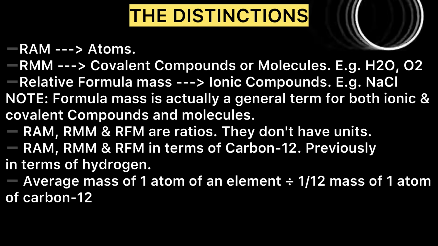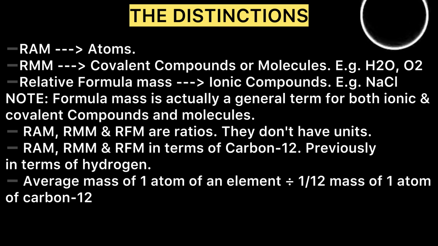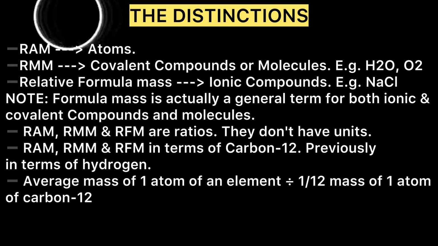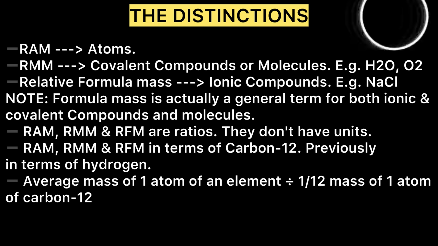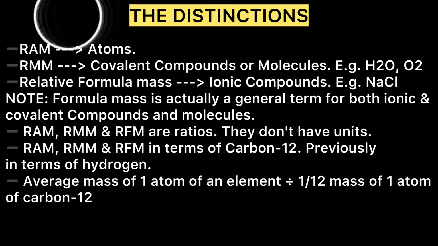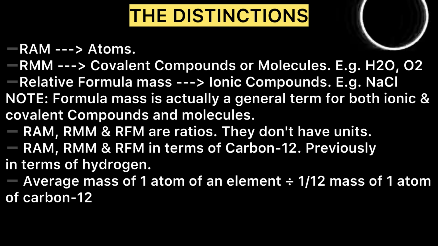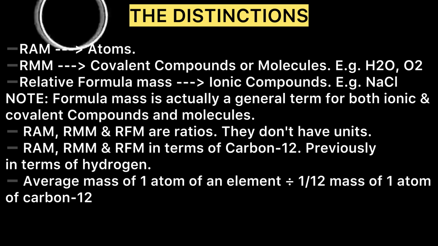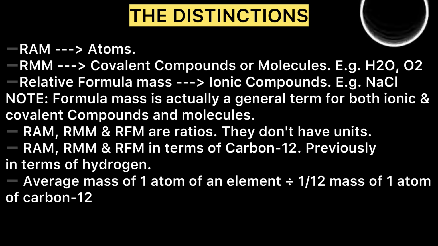Relative atomic mass, relative molecular mass, and relative formular mass are all ratios. That's why they are called relative. They are ratios, and they are the ratio of what? The ratio of the particular atom, molecule or compound to carbon-12. They are in terms of carbon-12. Previously, we usually used hydrogen.